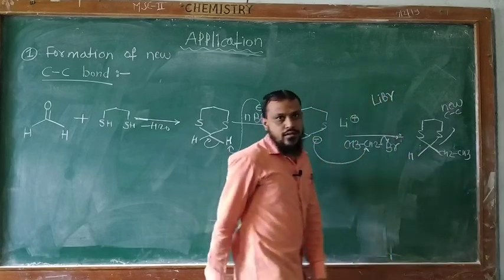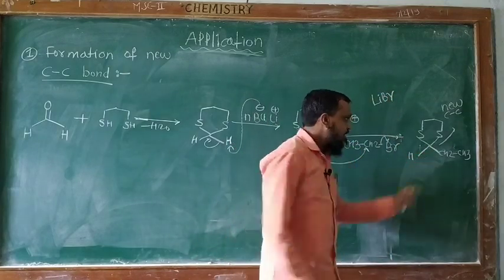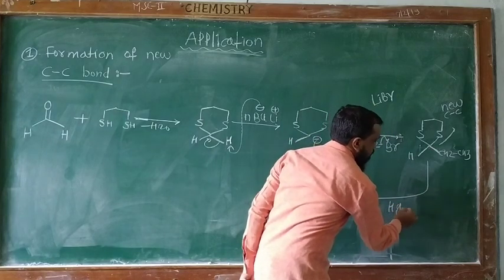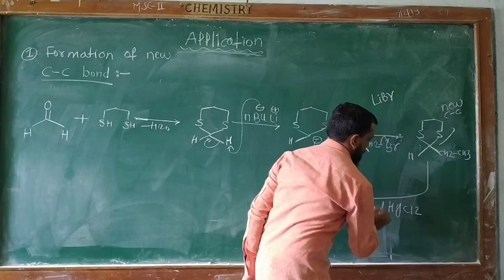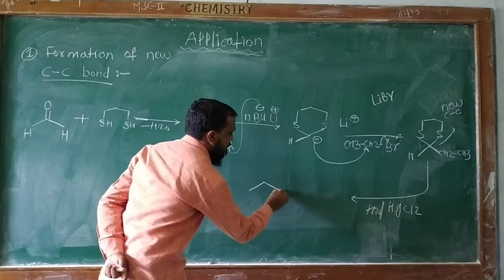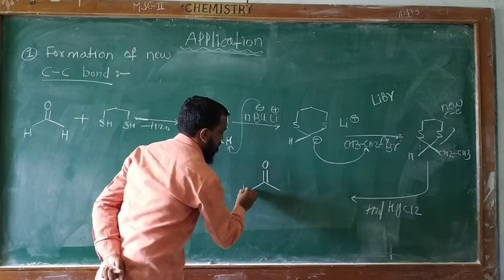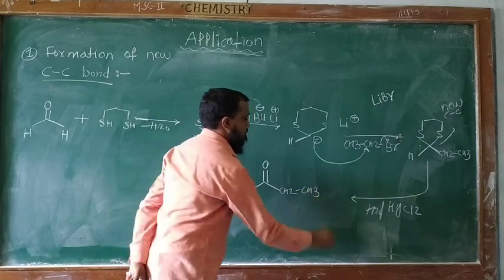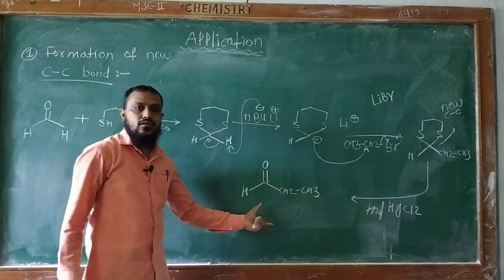After the formation of this alkylated 1,3-dithiane, it reacts with HgCl2 in presence of water to form our final product, aldehyde.